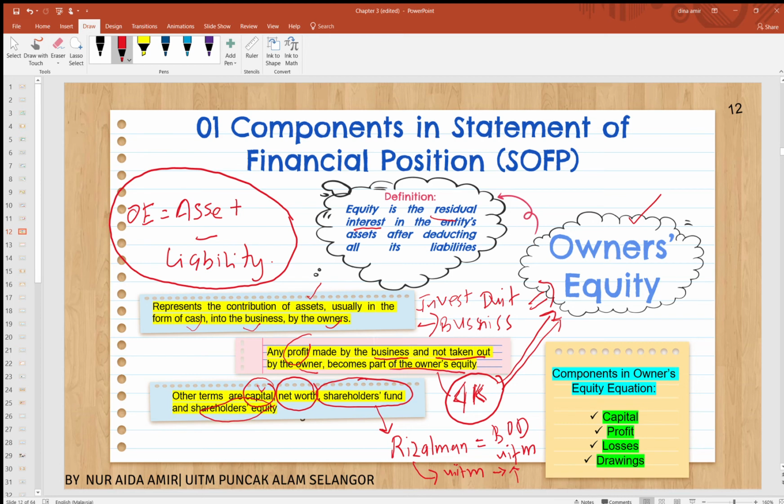Dia nak tolong ACC berkembang dan at the same time dia nak dapat balik return apa yang ACC boleh bagi kat dia balik. So that is what we call as shareholders fund, di mana Nilofa adalah salah satu board of director yang memberi duit juga kepada ACC untuk dapatkan balik benefit in the future. Okay.